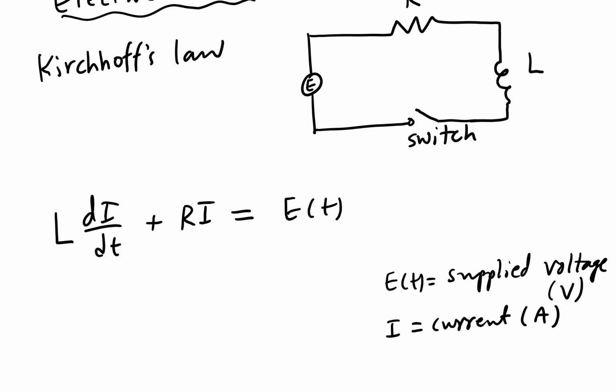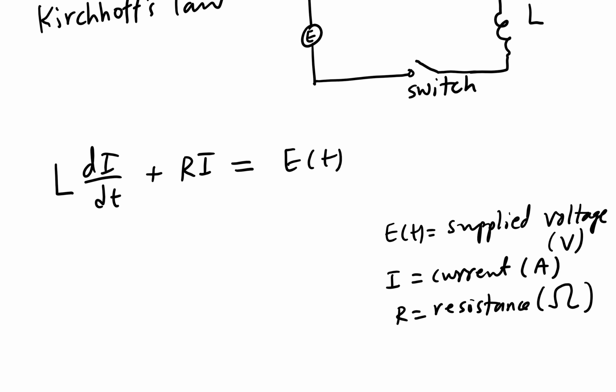That's the unit of measure. R is the resistance in ohms, which we use this sign for. And L is the inductance, in H for henries.